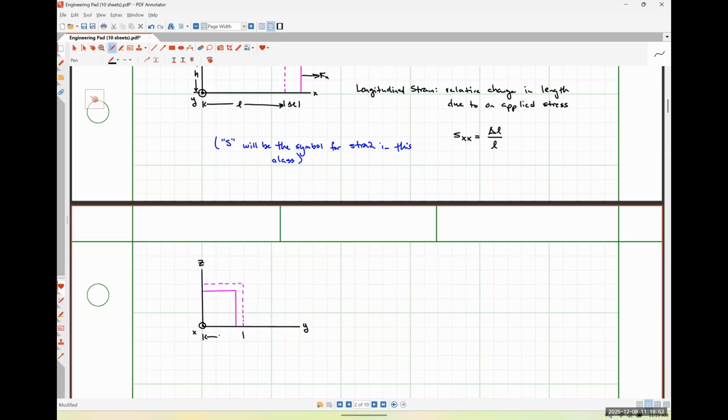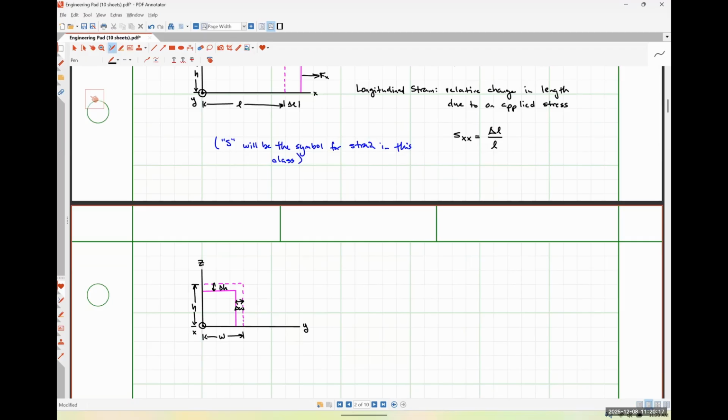This was our original width in the Y direction, and this was our original height in the Z direction, then this amount right here is the change in the height, and this amount right here is the change in the width.